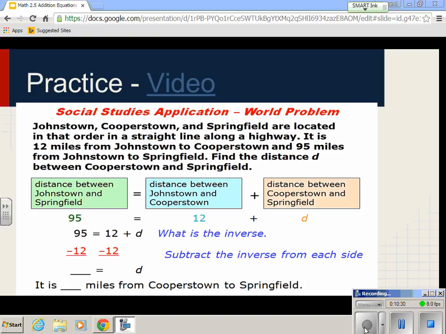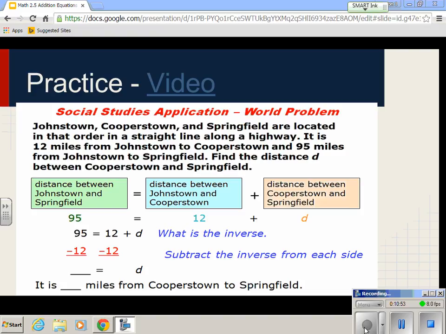So if you're driving down the highway, you would approach Johnstown, then Cooperstown, then Springfield.